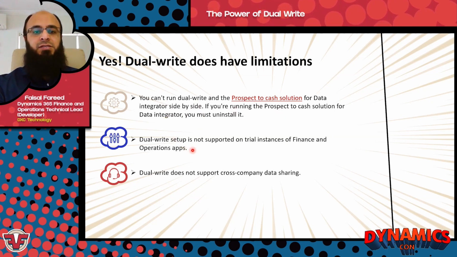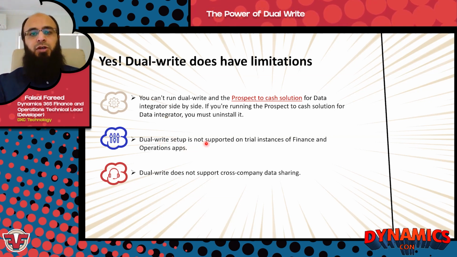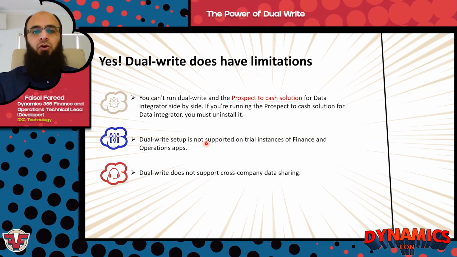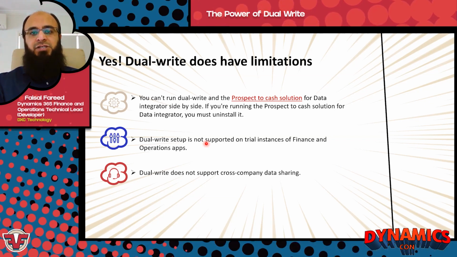Dual write setup is only between finance and operations and customer engagement. It cannot be from trial instances, meaning you cannot link two finance and operations instances with one customer engagement or vice versa. Dual write also doesn't support cross-company data sharing.